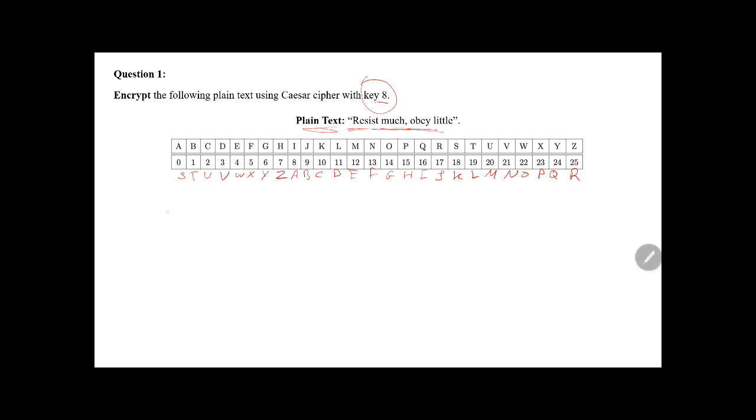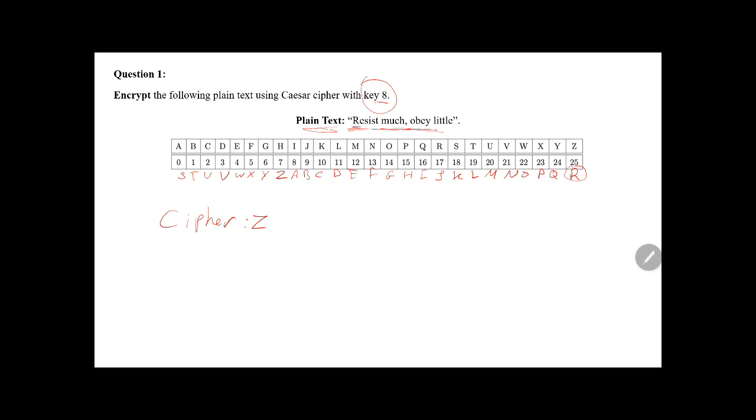Like this, the cipher is. Let's start with the first letter, which is R. We search for R here, which is this one, and we substitute it with the corresponding letter from the original alphabet. So it will be a Z.